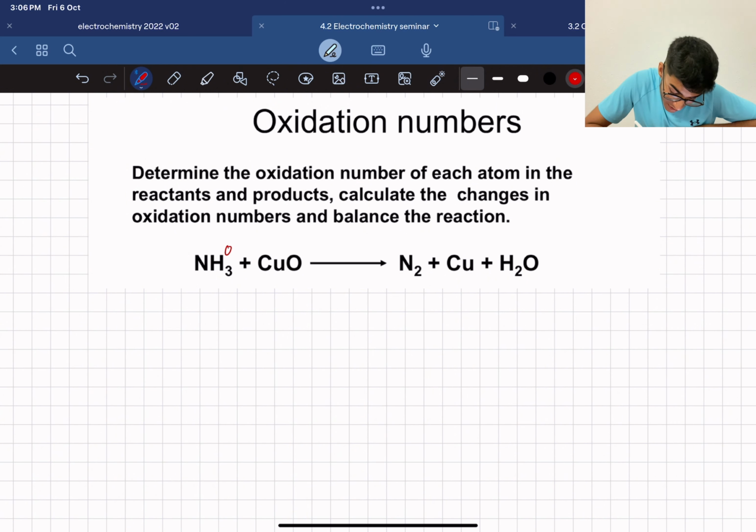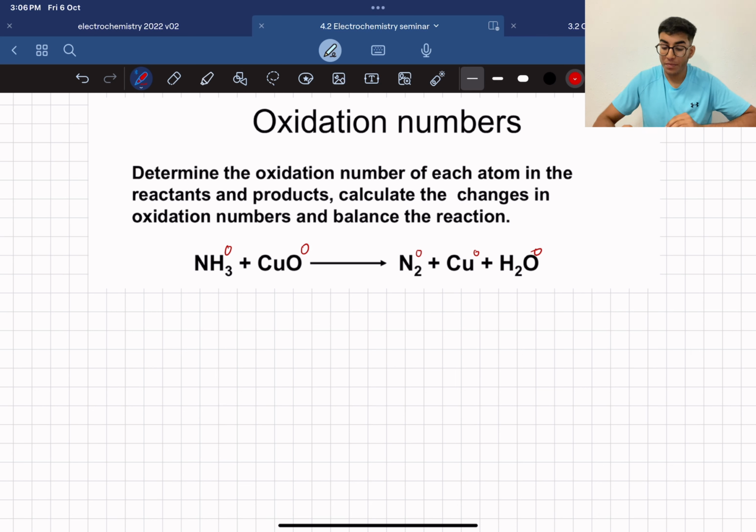This is 0, this is 0, 0, 0, 0. Because if it had an oxidation state, it would be written Na+, that plus is nothing but the oxidation state. Cl-, that minus is nothing but the oxidation state. So now, they're all 0.